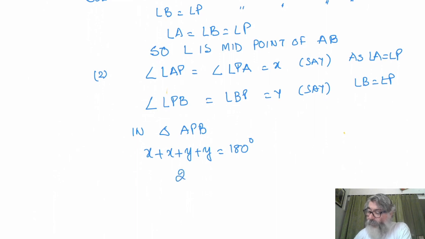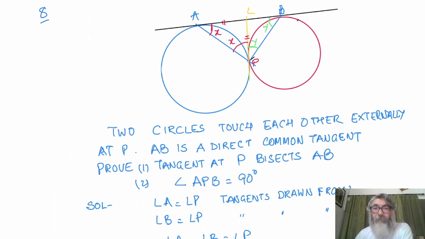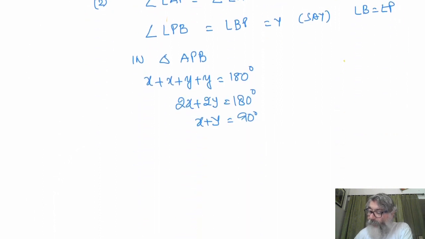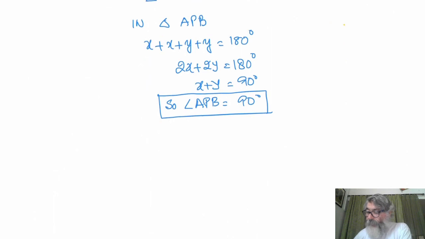That means 2x plus 2y is equal to 180 degrees. So x plus y will be equal to 90 degrees. And actually what is x plus y? APB is x plus y only. So angle APB is equal to 90 degrees. That is what exactly we had to prove.